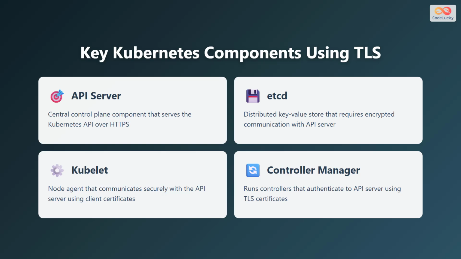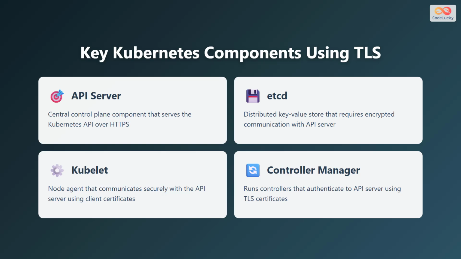Now let's look at the key Kubernetes components that rely on TLS encryption. First, we have the API server, which is the central control plane component that serves the Kubernetes API over HTTPS. Second is etcd, the distributed key-value store that requires encrypted communication with the API server to protect sensitive cluster state data.